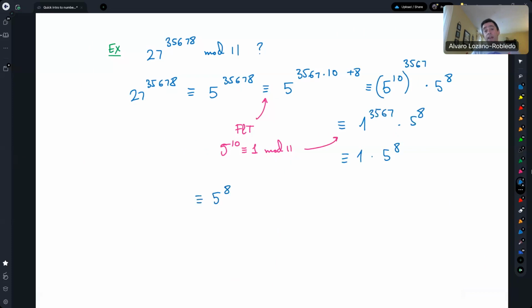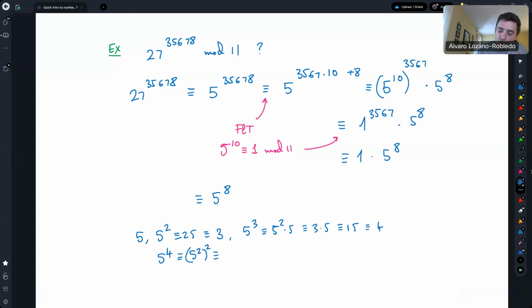And 5 to the 8, I can compute by hand. 5 squared is 25, but 25 is 22 plus 3, so this is 3. Then 5 cubed will be 5 squared times 5, so it will be 3 times 5, it will be 15, which is 4. Actually, I didn't need to do 5 to the 3, I needed to do 5 to the 4, which will be 5 squared squared, so it's 3 squared, which is 9.